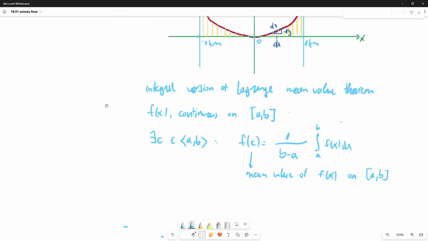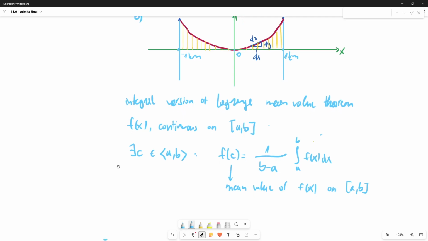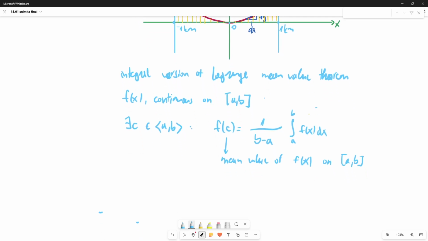Now we can use this to find the average length of a vertical cable. So L average is equal to 1 over b minus a, where those are the endpoints of the interval, and we integrate from a to b f of x dx.